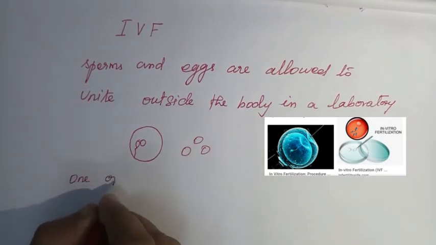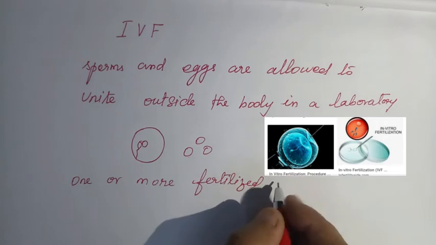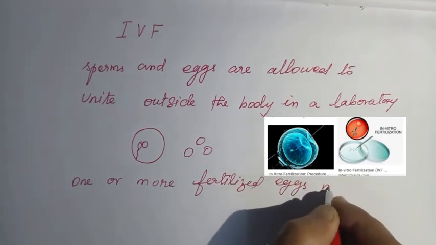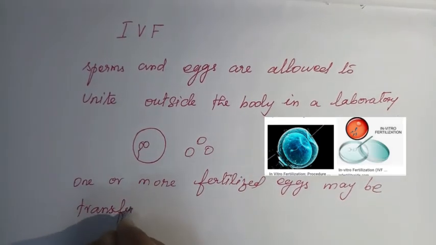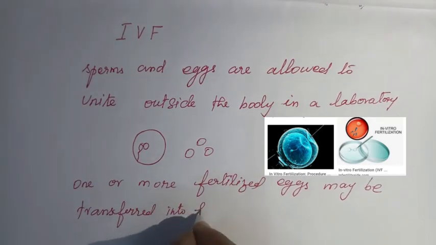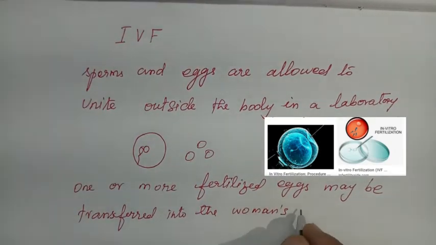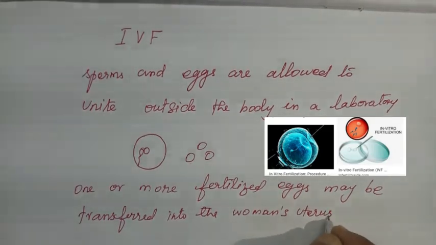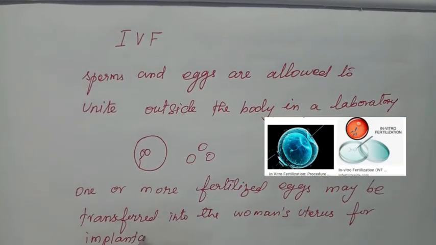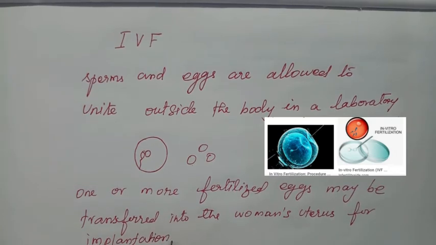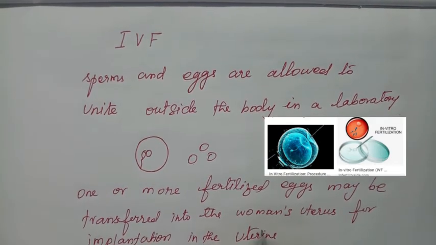One or more fertilized eggs may be transferred into the woman's uterus for implantation, nothing but fixing in the uterine lining.